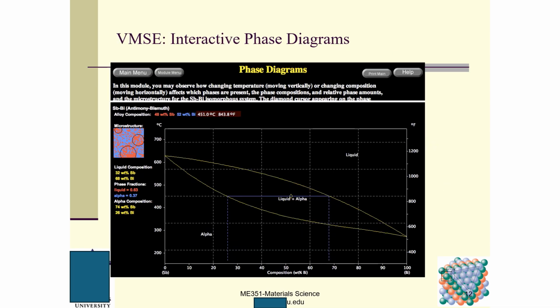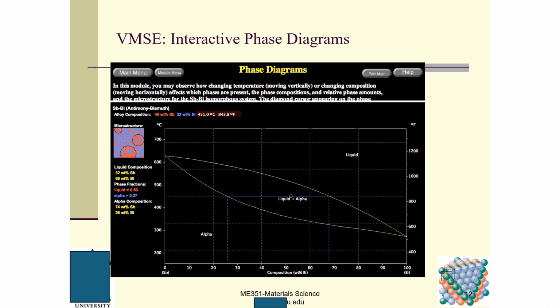So here is the VMSE, this interactive phase diagram. And so you can use this one. Okay, so here is a phase diagram, this composition, this alpha, liquid plus alpha, and you can select any point, and then you can get the phases present.